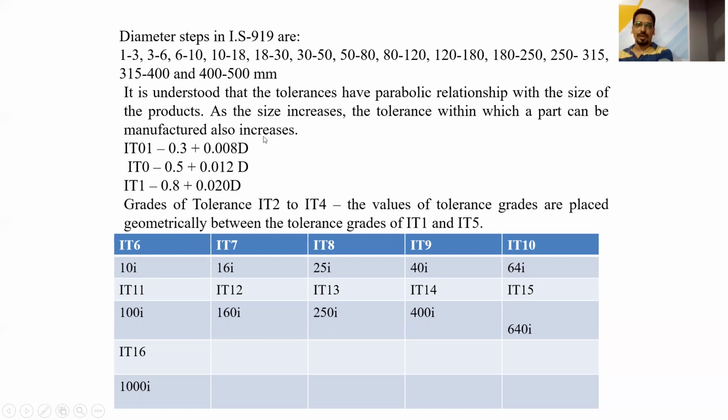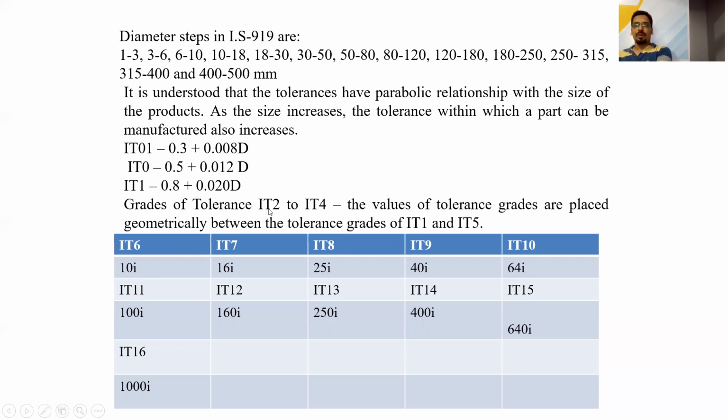IT01 is represented by 0.3 plus 0.008 D, where D is the geometric mean diameter. Then IT0 is represented by 0.5 plus 0.012 D. Then IT1 is represented by 0.8 plus 0.02 D. So these are the starting three IT grades.